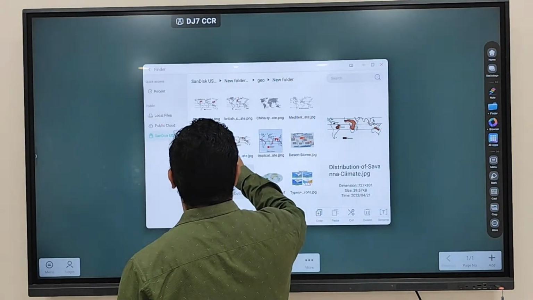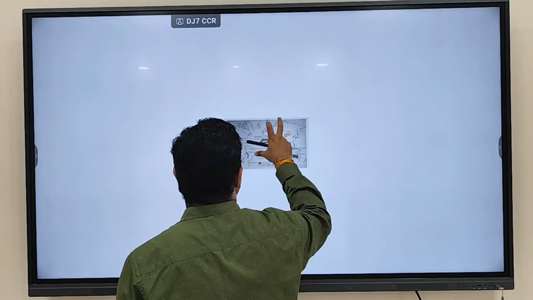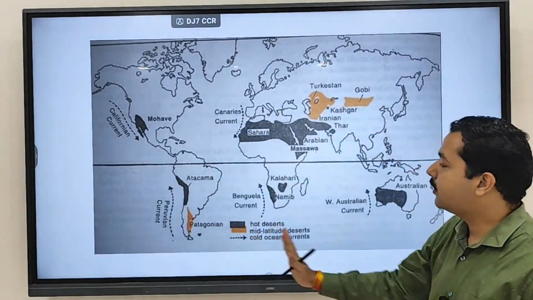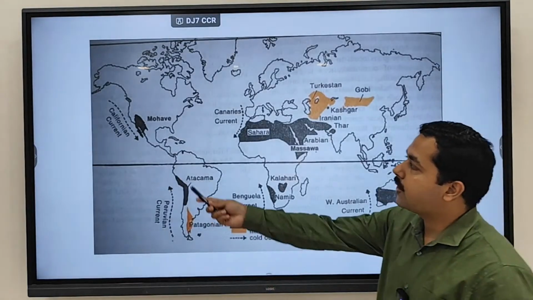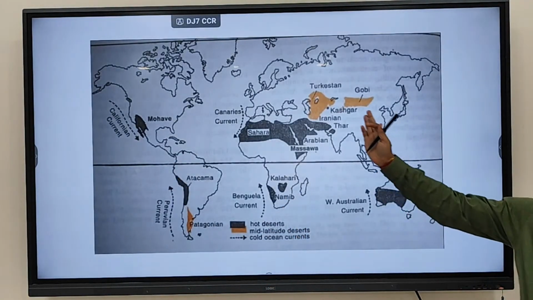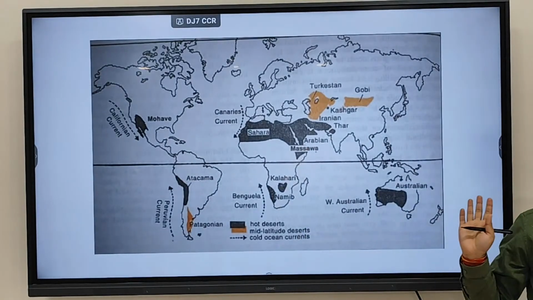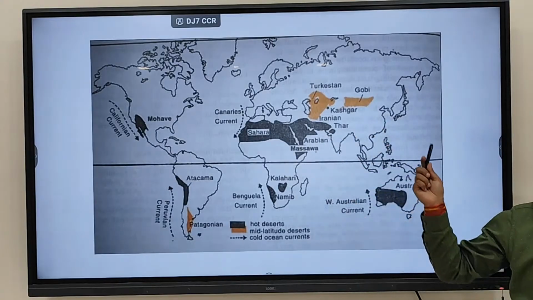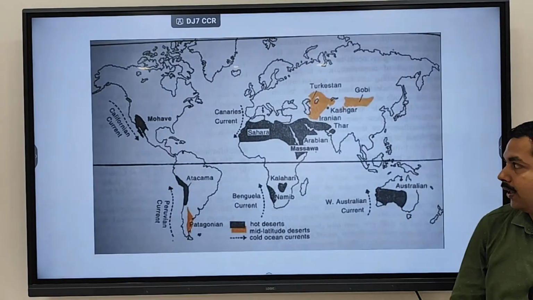It is found in 15 to 30 degree latitude, mostly on the west side of continents. So you see the Mojave Desert, Sonoran Desert, and we have discussed the Atacama Desert and Namib Desert. All these deserts are generally found in 15 to 30 degree latitude, and on the west side of continents. So this is the distribution of the desert type of climate that you have to keep in mind. Fine.